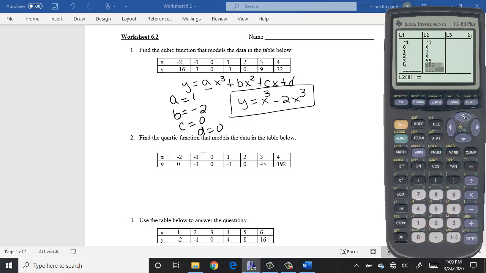All right, I'm going to double check my data. All right, so we want a quartic function. So we're going to go to Stat. We're going to go over to Calc, and number 7 is quartic. Let me check my entries.